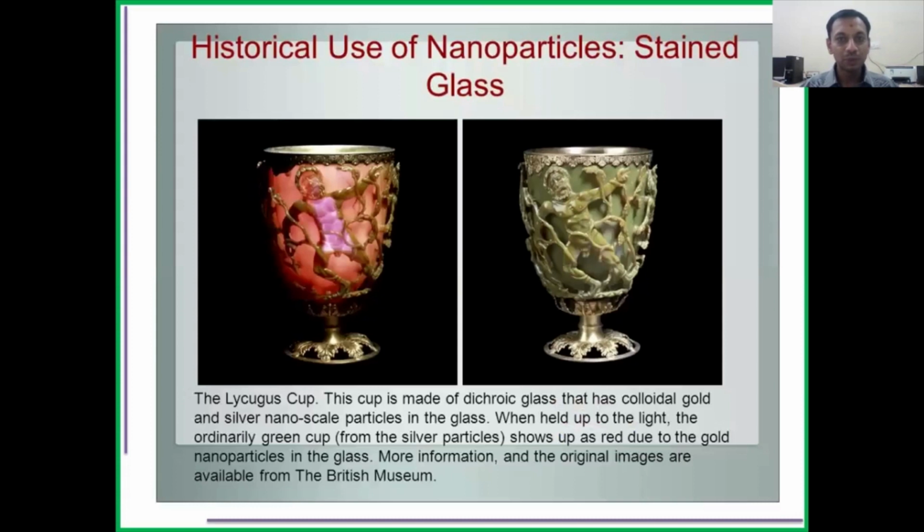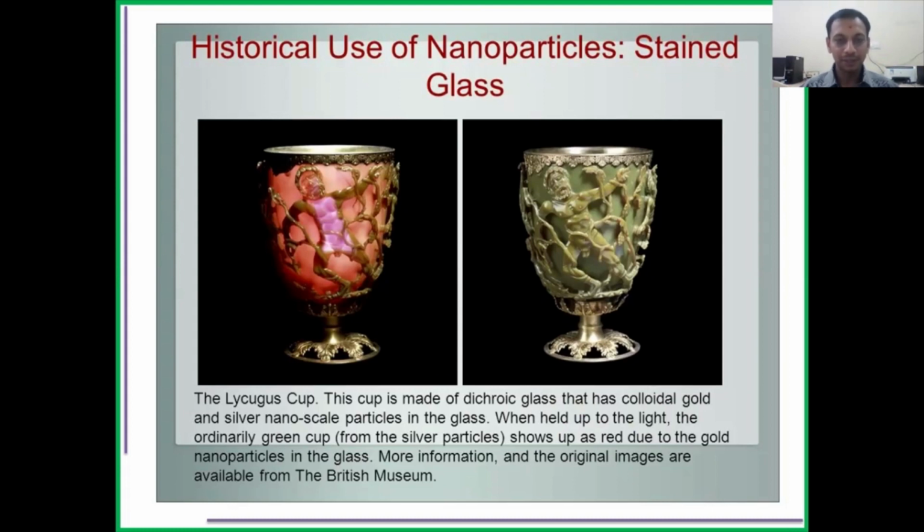So historical use of nanoparticles: stained glass and the Lycurgus cup. This cup is made up of dichroic glass that has colloidal gold and silver nanoscale particles in the glass. When held up to the light, the ordinarily green cup from the silver particles shows up red due to the gold nanoparticles in the glass.